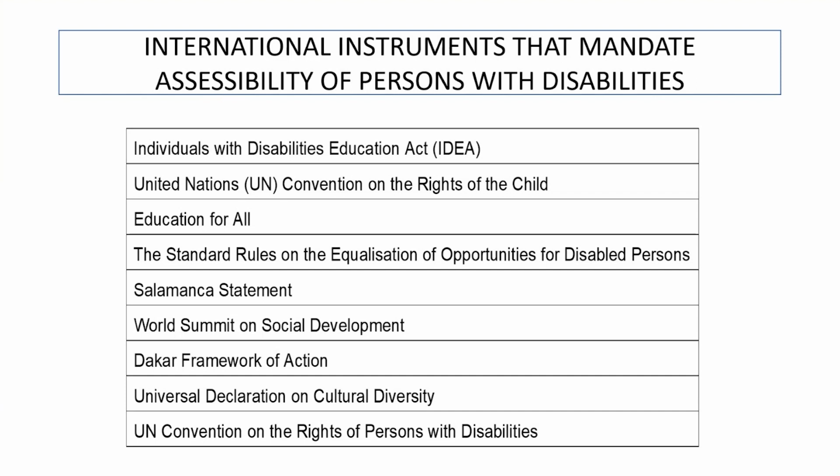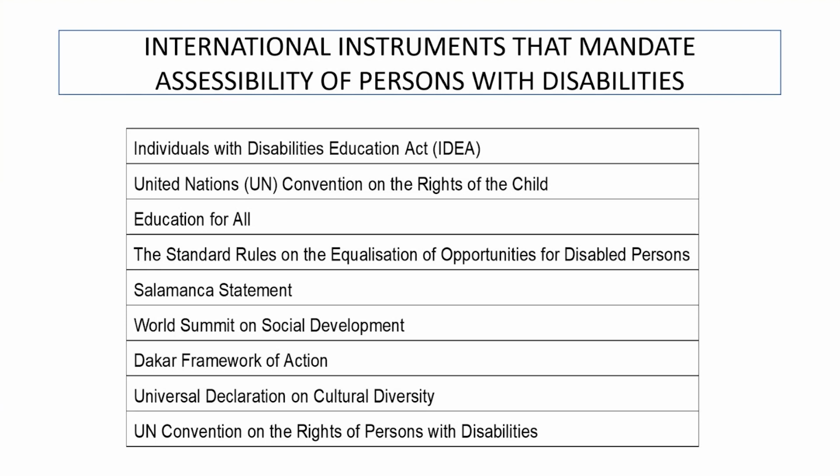We're talking about the Salamanca Statement, which is more familiar in the education sector. We are also referring to the World Summit on Social Development. We also have the Dhaka Framework of Action and the Universal Declaration on Cultural Diversity. We also have the UN Convention on the Rights of Persons with Disabilities.